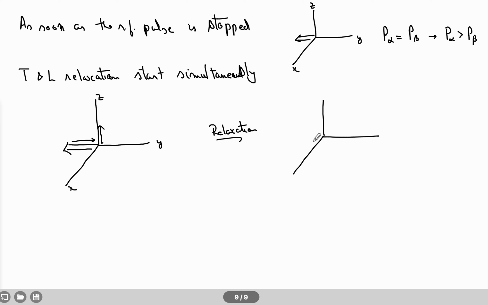So basically the effect of our overall T1 and T2 relaxation, that is, I should write it as T1 instead of T and L. T1 and T2 relaxation. So this is longitudinal, this is transverse. So this spin will start to rotate in a spiral manner, where slowly it will come out of the XY plane and move towards the Z axis.